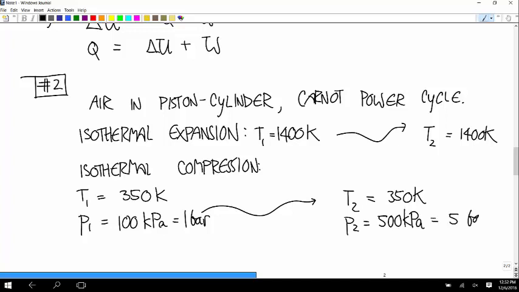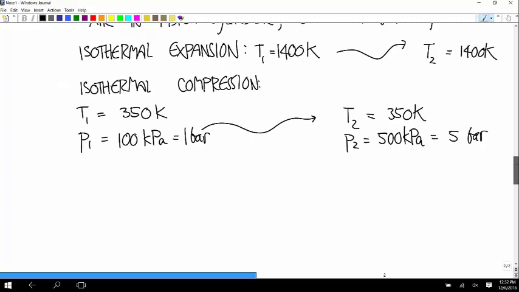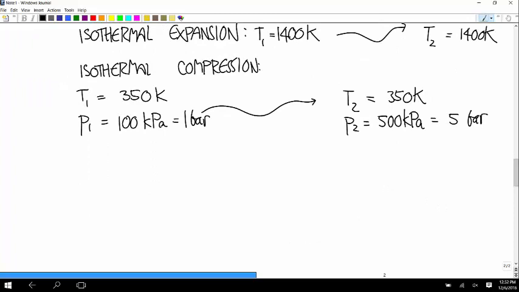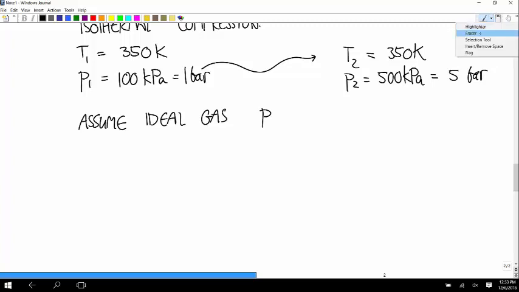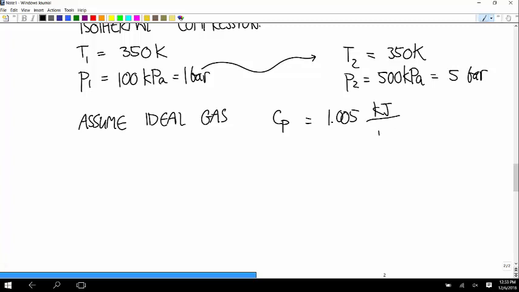So 5 bar. We're going to treat air as an ideal gas, and we're going to assume this is an ideal gas where Cp is constant, 1.005 kilojoules per kilogram Kelvin.